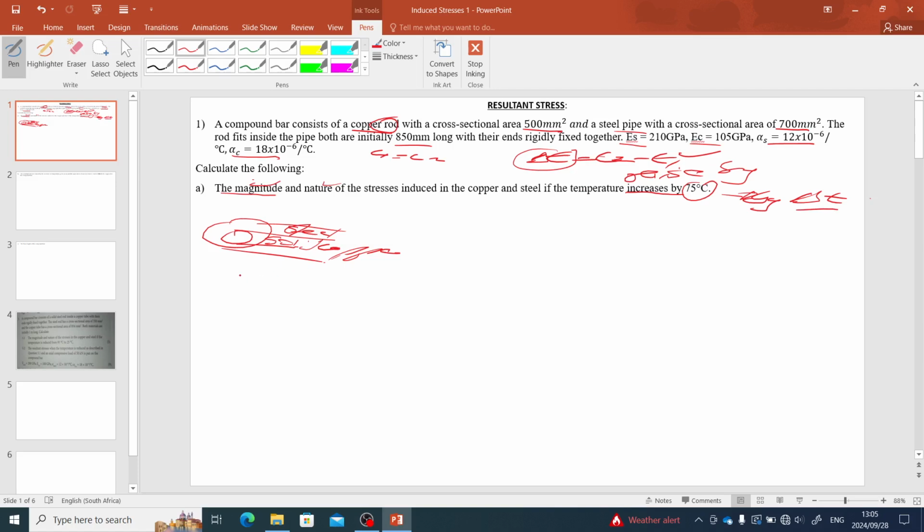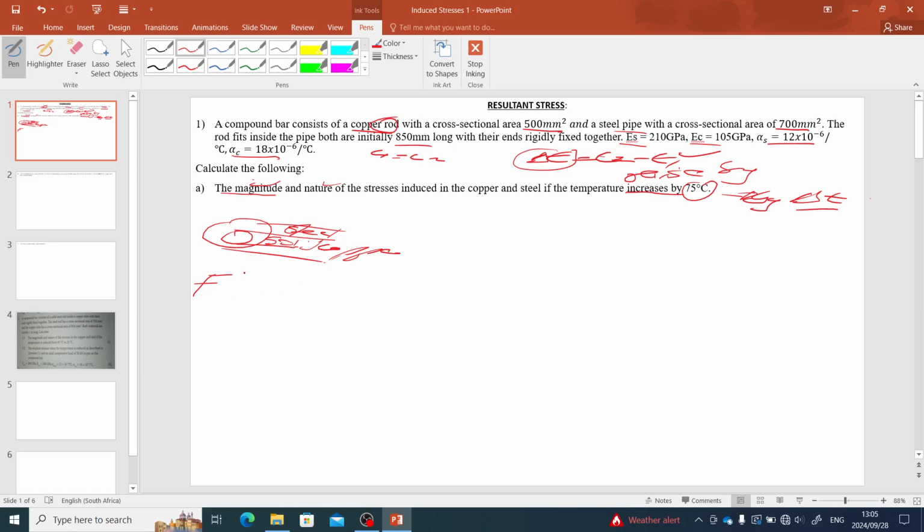Now, the fact that it is the parallel connection, this is the formula that we will be using. We need to first determine the force for us to be able to calculate the magnitude of the stress and determine the nature of that stress. But we first have to calculate the force that occurs as a result of the temperature increase.